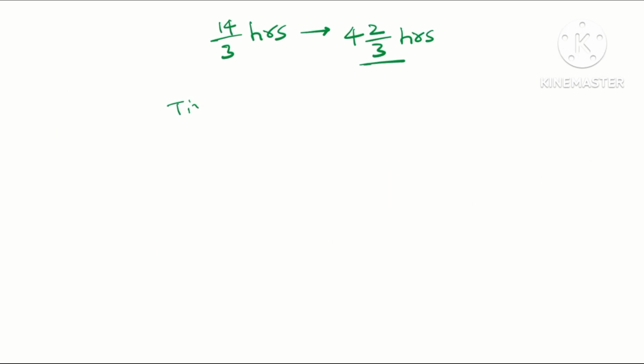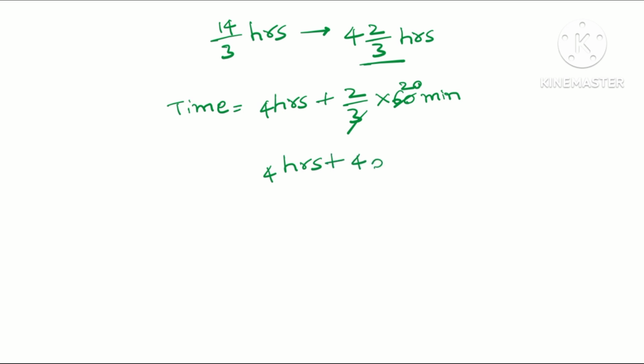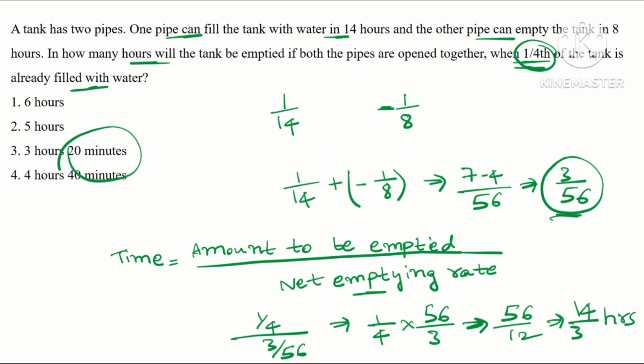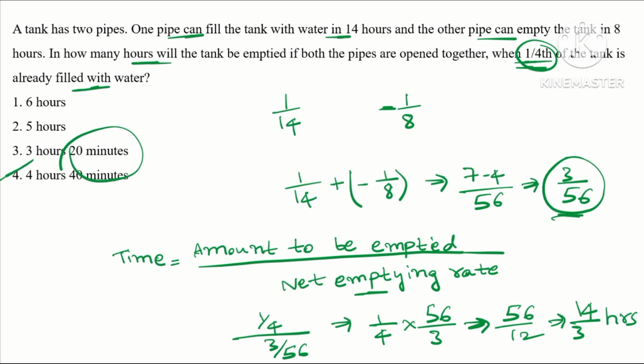Time equals 4 hours plus 2 by 3 into 60 minutes. 3 ones are 3, 3 twos are 6, so 40. 4 hours plus 40 minutes. So option 4 is the right answer.